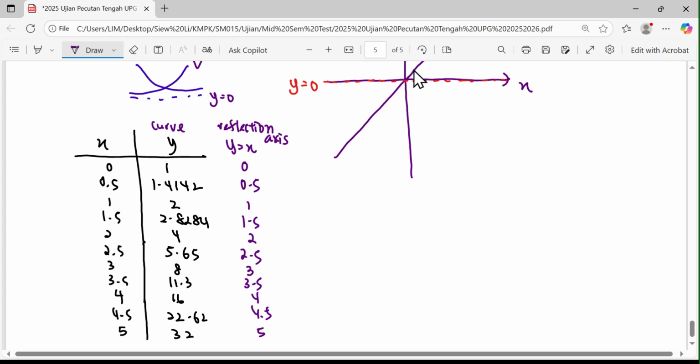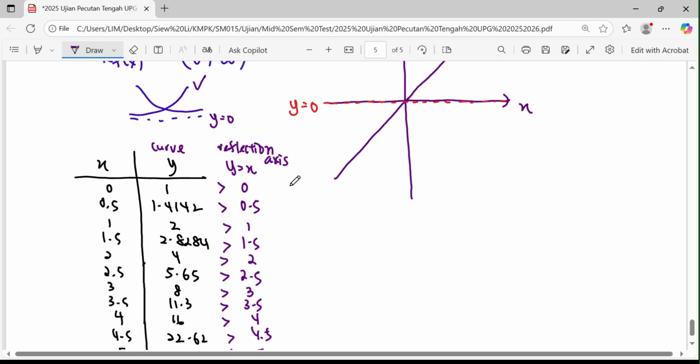You see your curve starts from the beginning here at 0. It will be greater than your reflection axis every time. For every point, getting more to the right, for the whole graph, it is getting bigger in value than your reflection axis. What does it mean?